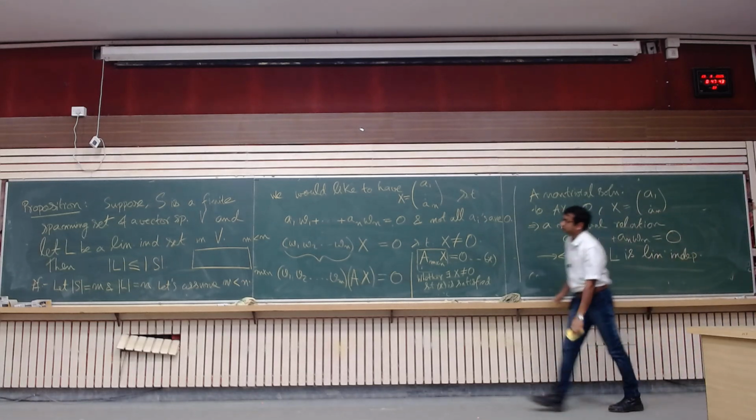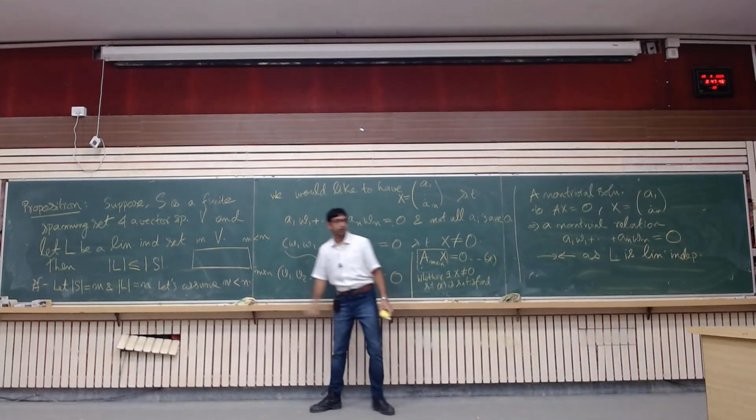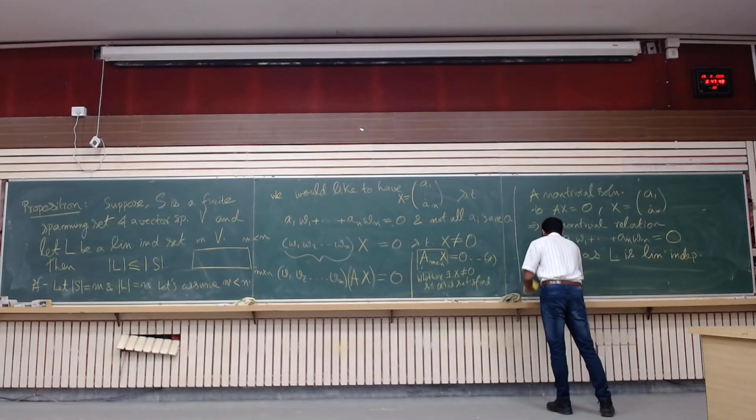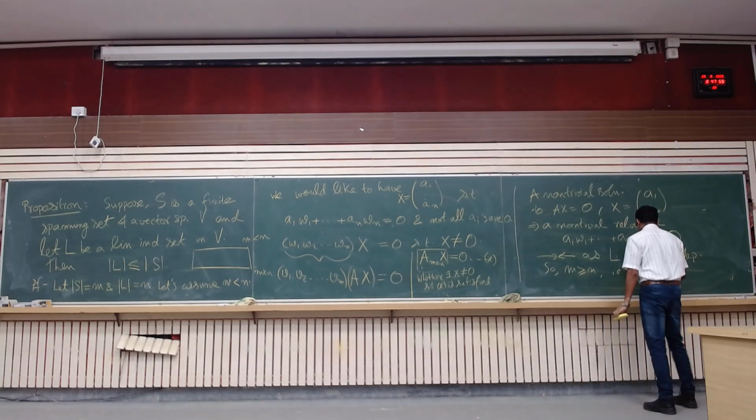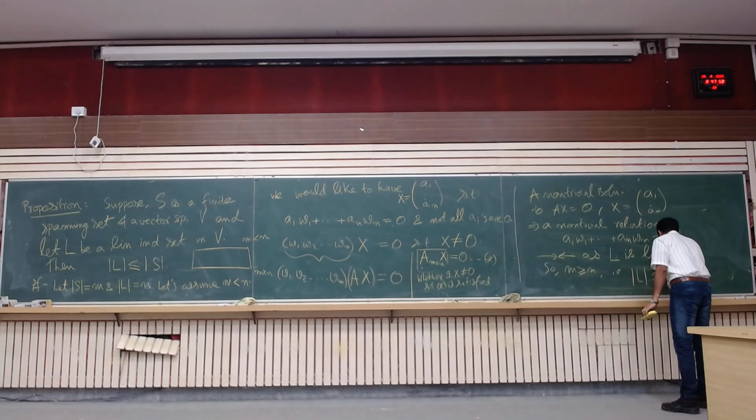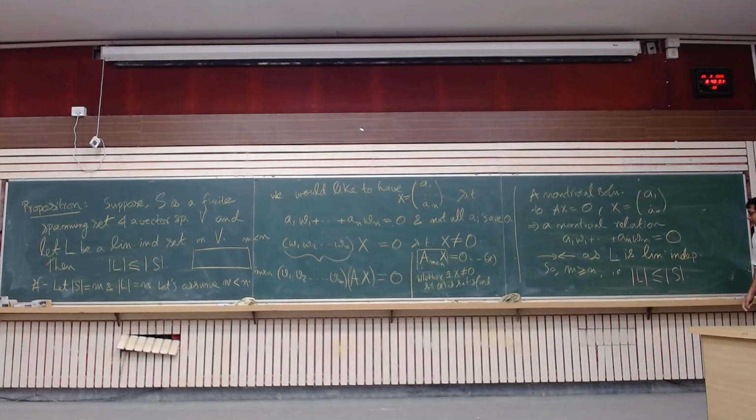So that means m cannot be smaller; m should be larger than or equal to n, that is, the cardinality of L is less than or equal to that of S. So, Shautrick, you can remember this by remembering less: less starts with L, ends with S. Now remember L and S, and the picture of the pig, mouse and elephant.